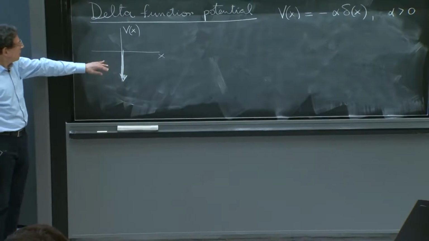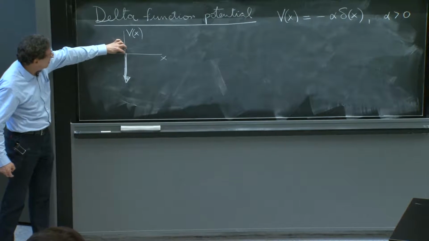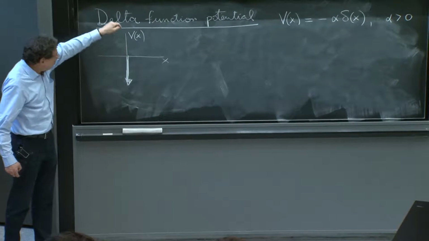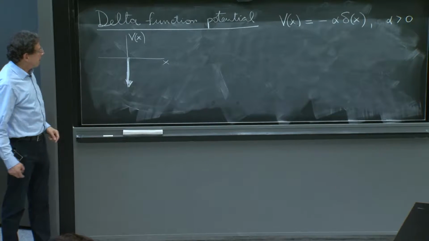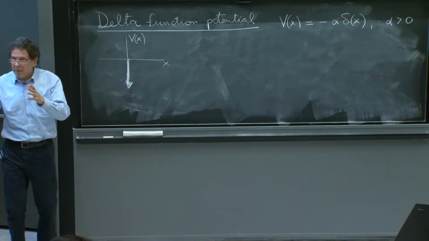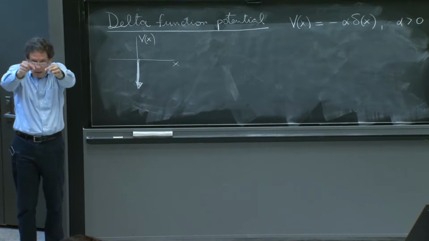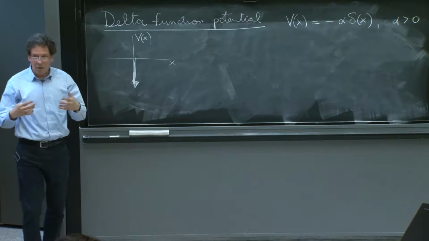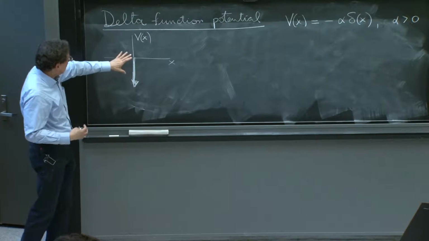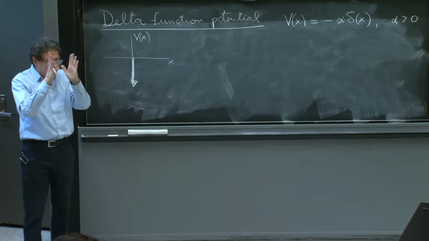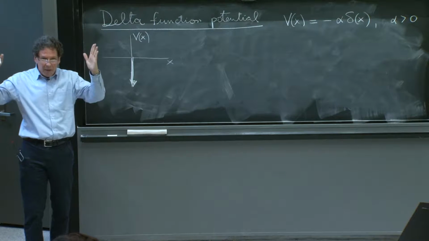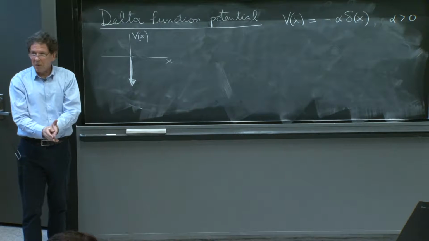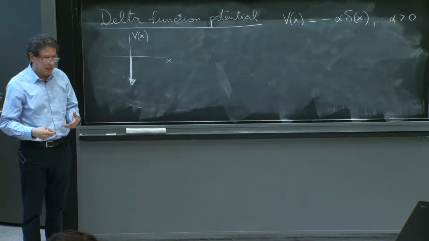It's a representation of a potential that is infinite at x equals 0, but infinite and negative. It can be thought of as the limit of a square well that is becoming deeper and deeper. And in fact, that could be a way to analytically calculate the energy levels, by taking carefully the limit of a potential that is becoming thinner and thinner, but deeper and deeper, which is the way you define or regulate the delta function.